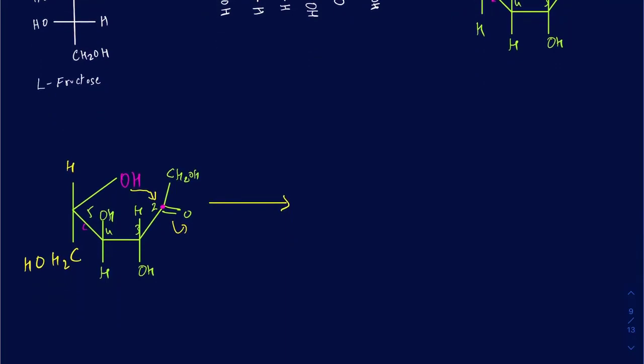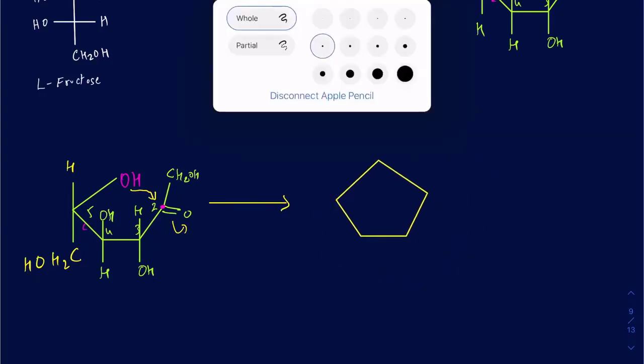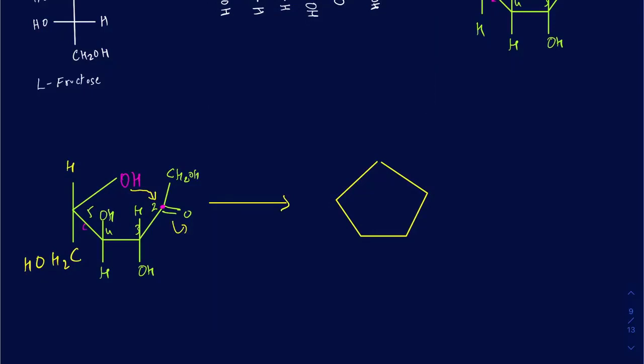So when I make a 5-membered ring now, your oxygen is going to be at the 5th position.